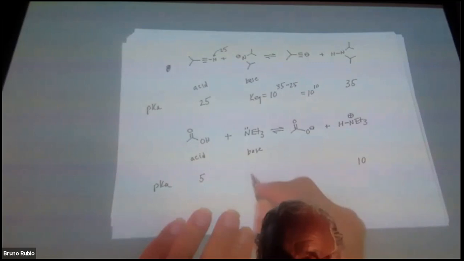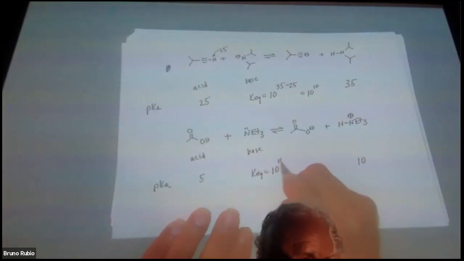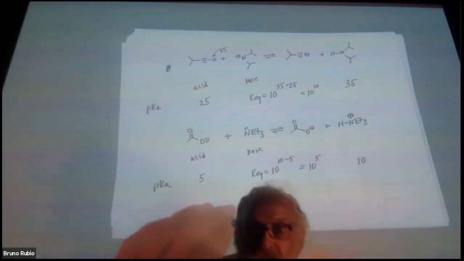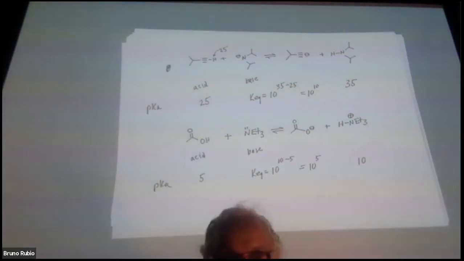All right, and so the equilibrium constant here is equal to 10 to the 10 minus 5, which is 10 to the 5th. So that's a pretty respectable equilibrium constant. We're going to get pretty much 100% yield of product. So this is what happens when a carboxylic acid gets together with an amine.